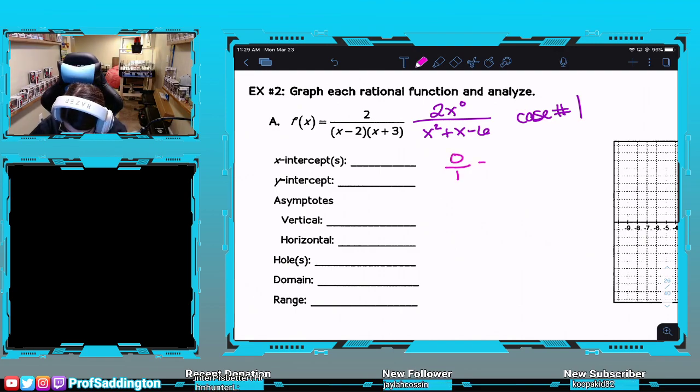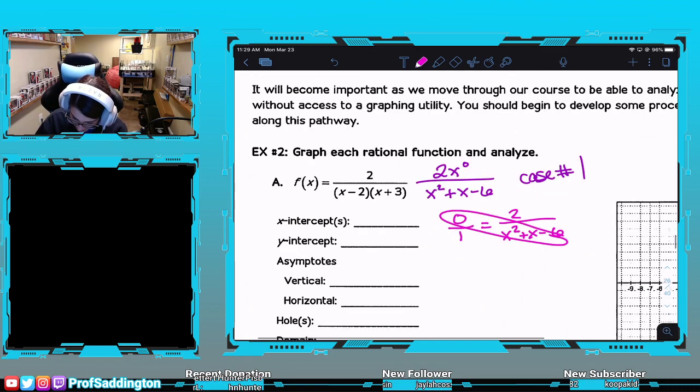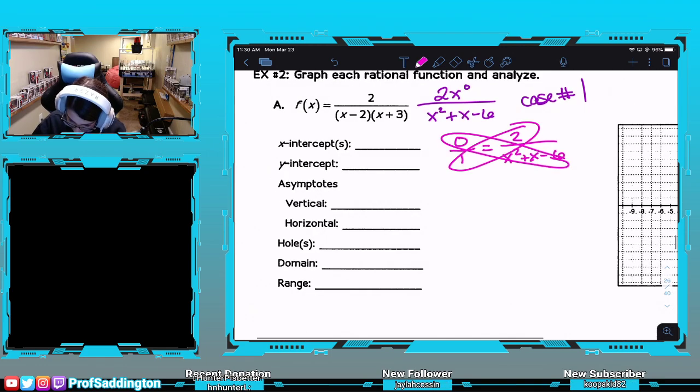I'll put this as 0 over 1 equals 2 over our polynomial. Now if I go to simplify this, I'm not going to get a real answer, right? So therefore, there is not an x-intercept. And that's okay, no big deal.